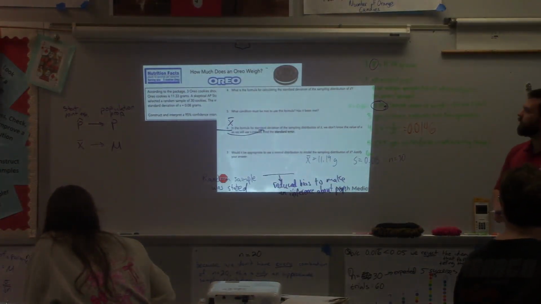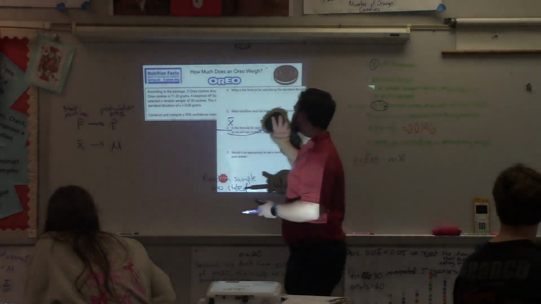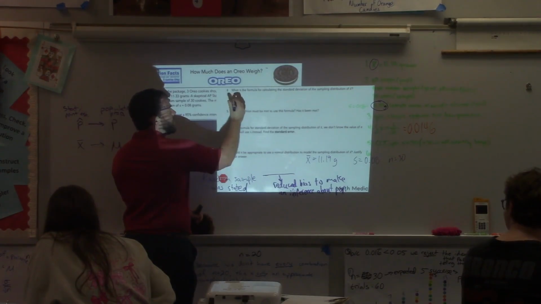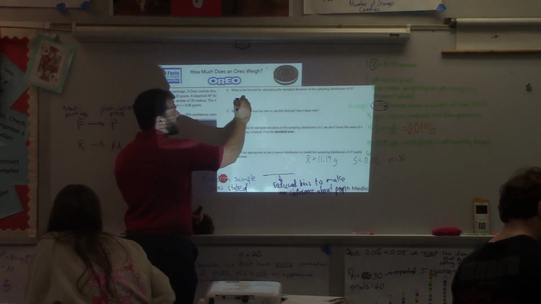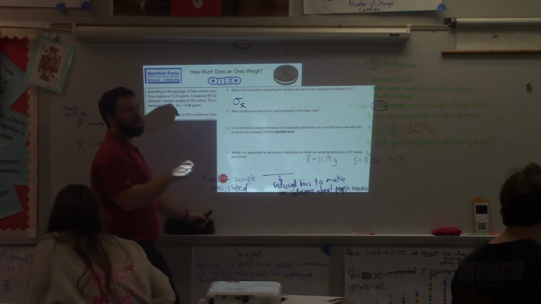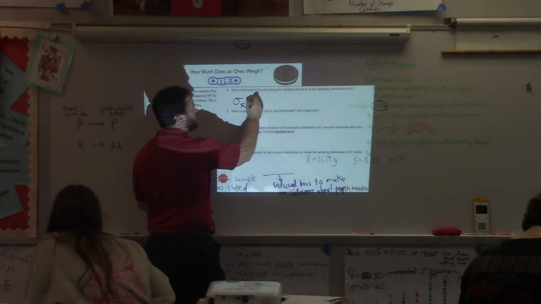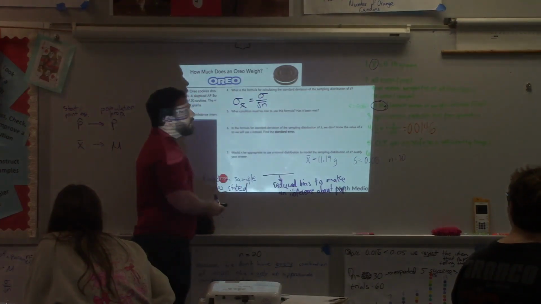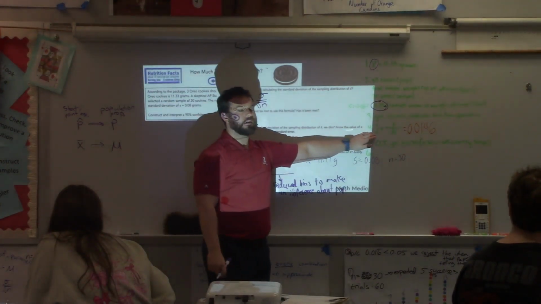Number 4, formula for calculating standard deviation of the sampling distribution. To settle a little bit of debate, technically number 4 is asking for this: the true standard deviation of sample means is equal to standard deviation divided by square root of the sample size. For everyone who jumped here, guess what?